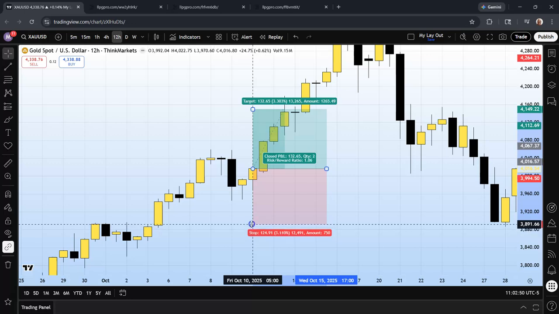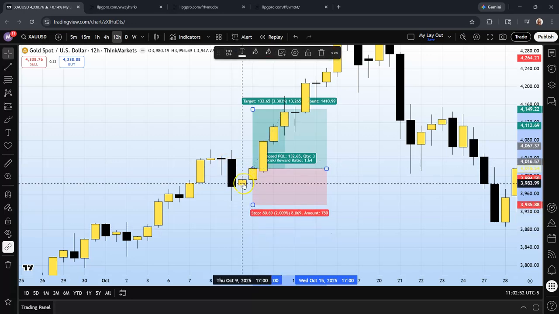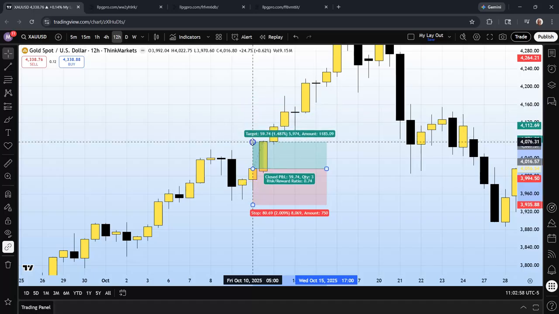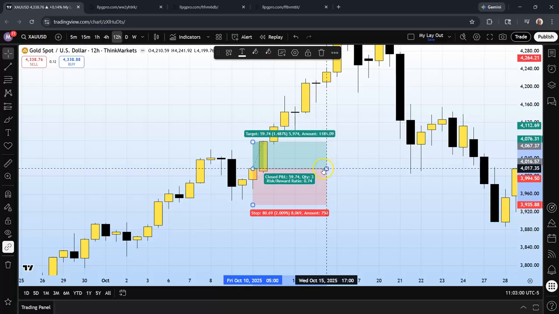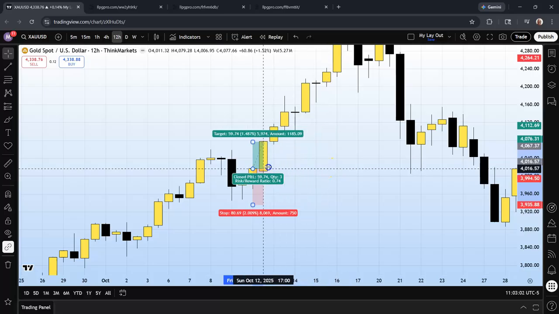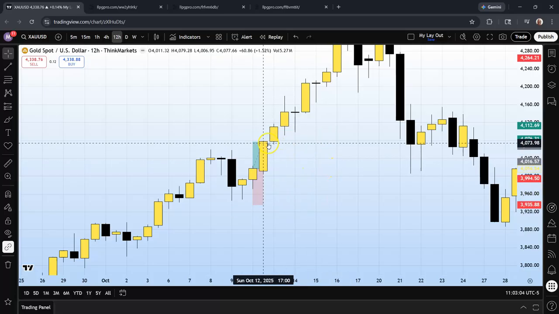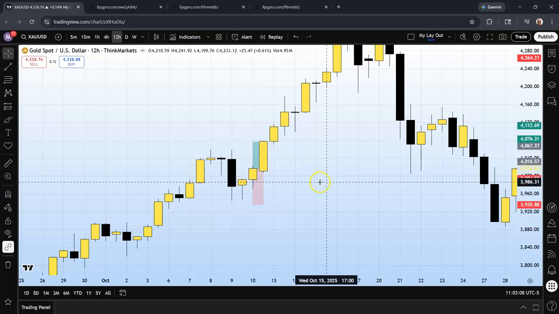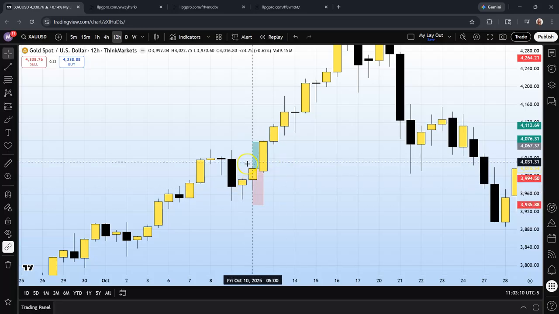You place your stop loss where? Right here underneath this wick or this candle here. And you get out on the next candle, 12 hours later. Okay. So this also would be another winning trade.